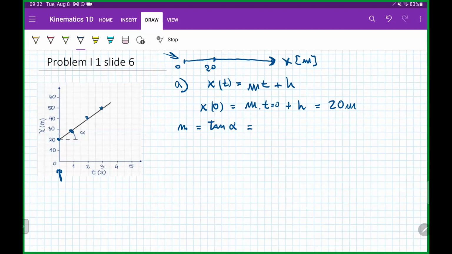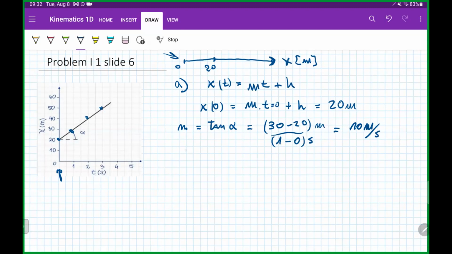So let's say we have the value at 30. So it will be 30 minus 20, over 1 minus 0 seconds, meters. That's 10 meters per, oh, sorry, I almost dropped the tablet. 10 meters per second.